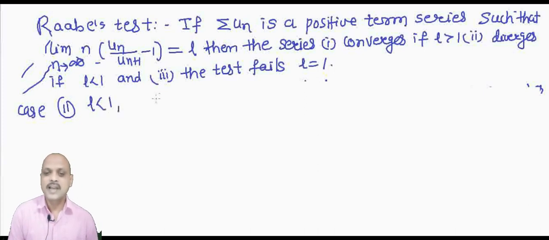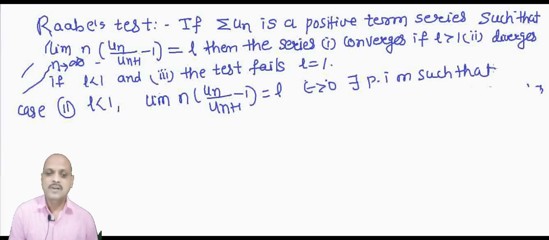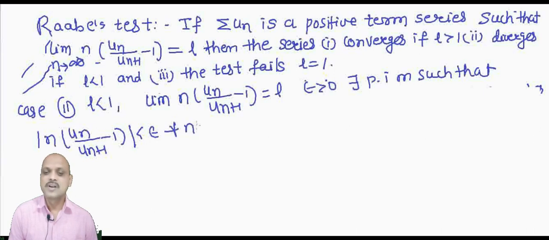Now it is given that limit of n into (u_n divided by u_n plus 1 minus 1) equal to L. So friends, for epsilon greater than 0, there exists a positive integer m such that mod of n into (u_n divided by u_n plus 1 minus 1) minus L is less than epsilon. This is for all n greater than or equal to m.